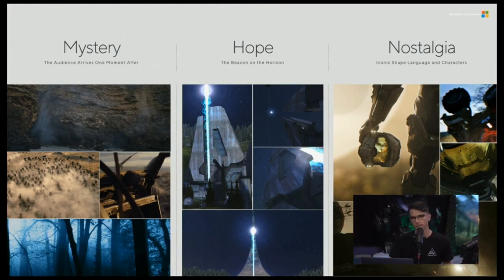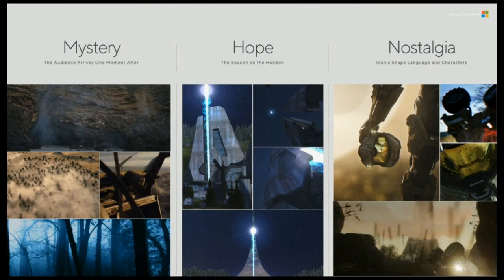Mystery being, in this example you see here, smoke coming out of a cave, which visually elicits the idea that something living must be there. Seeing relics, like a rusted out car. Again, something must have been there, but it's broken down. Hope was the beacon.